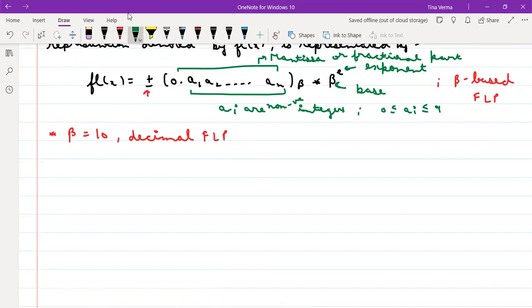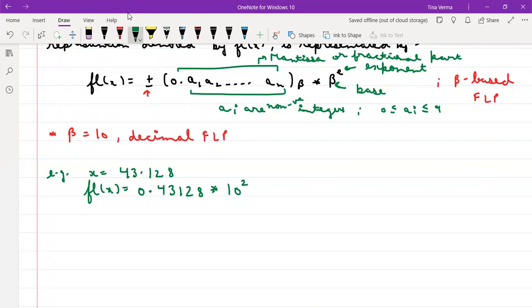For example, any number we can represent in the form of a floating point number. Like for example, I have the number x equal to 43.128. This number is positive, so we are not considering the sign here. When we write the floating point representation, it should start from zero, so it will be 0 point. I can shift the digits to my right, that is 43128, and that can be written as 10 raised to the power 2, because here we are dealing with the decimal number.